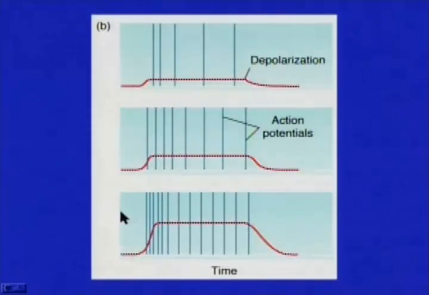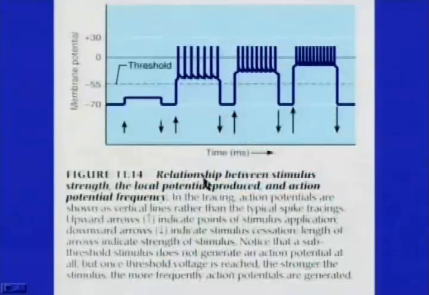So these would be millivolts on the y-axis and time in milliseconds on the x-axis, as we see in this slide showing the response of the neuron membrane potential to increasing intensities of stimulation.